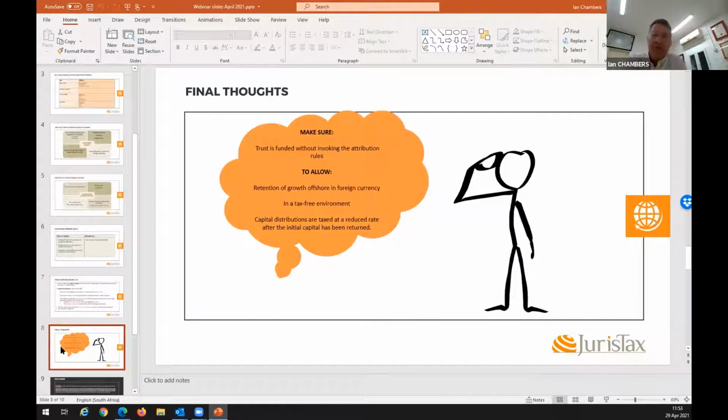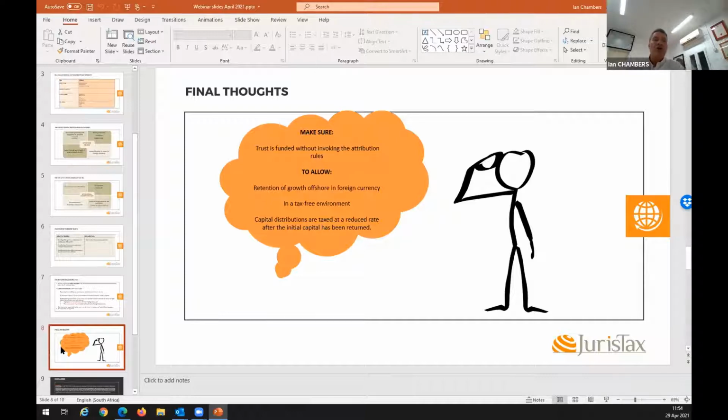So therefore, just the closing point there is that the investment is held by a foreign company. The directors, which I never mentioned, directors of the foreign company are provided by JurisTax, being a fiduciary service provider. So therefore, the foreign company is considered to be managed and controlled in South Africa. We ensure that the funding of the foreign company is done by way of a subscription for shares as opposed to a loan. And therefore, the provisions of Section 7.8 don't apply, and the provisions of 7C don't apply.